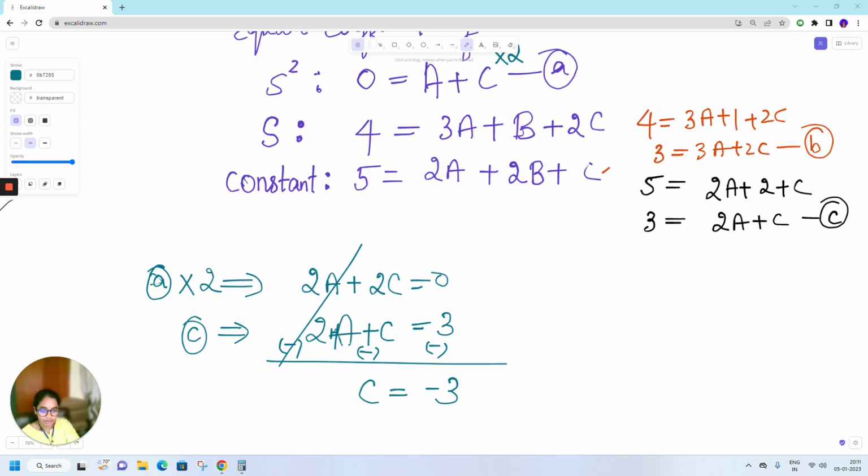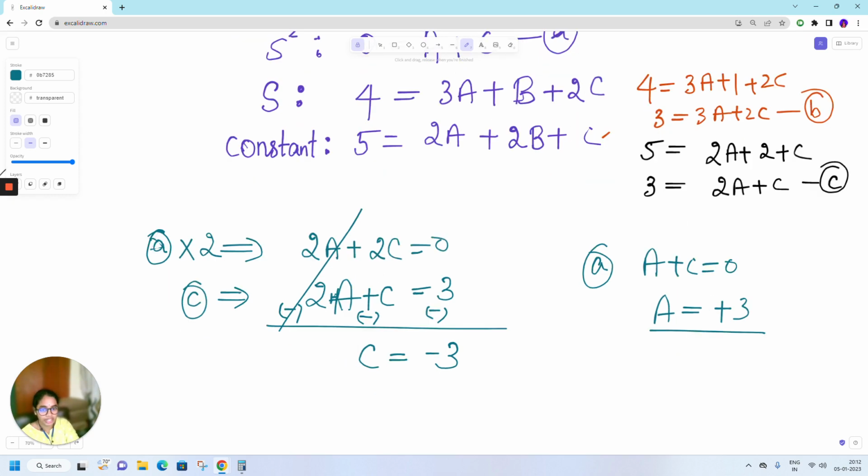What next? I'll substitute this c is equal to minus 3 in any one of the equations. Let me take equation A itself. What was equation A? I can either take 2a plus 2c is equal to 0, or I'll just take a plus c is equal to 0. Yes, the a value is plus 3, right? Substituting minus 3 in place of c, it goes on the other side, you will get plus 3.